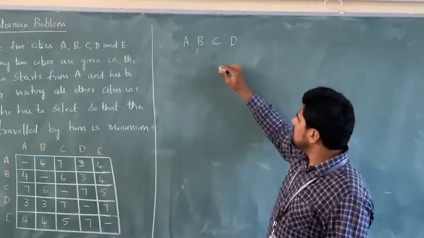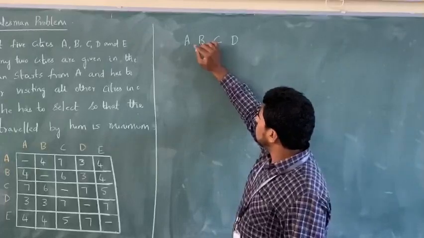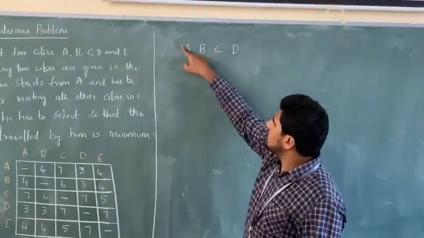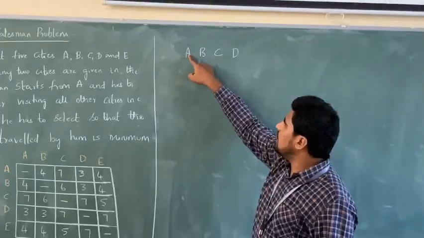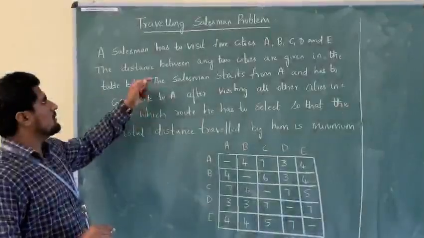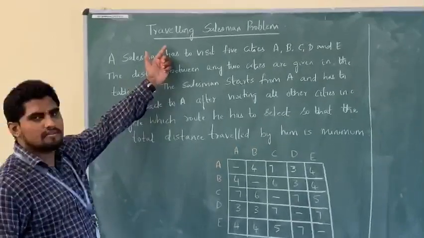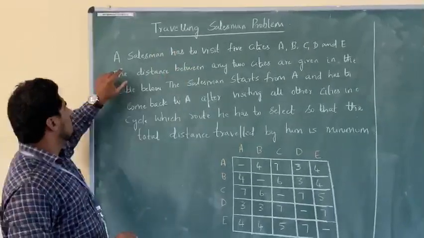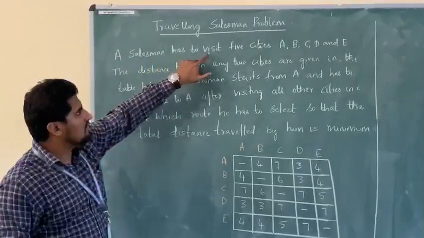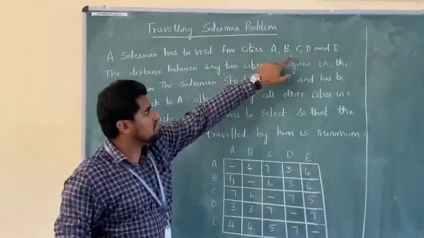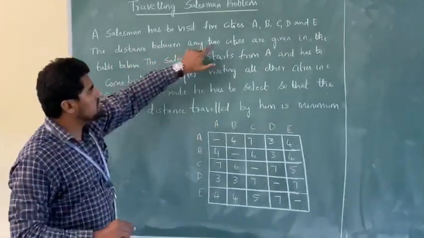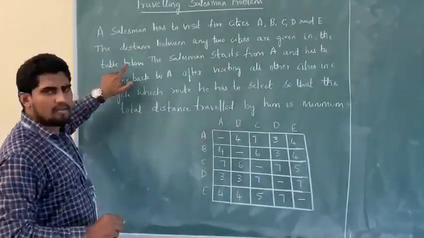The one thing you need to consider here is that if he is traveling from A, again he has to come back to the same city. Now we shall take one example under this traveling salesman problem. A salesman has to visit 5 cities A, B, C, D and E. The distance between any 2 cities is given in the table below.